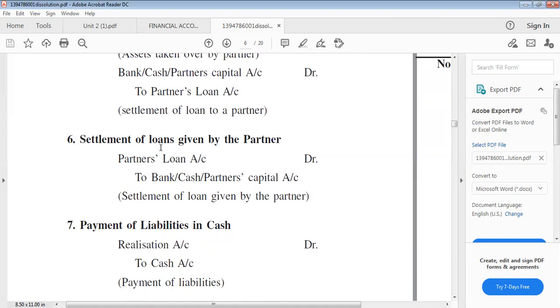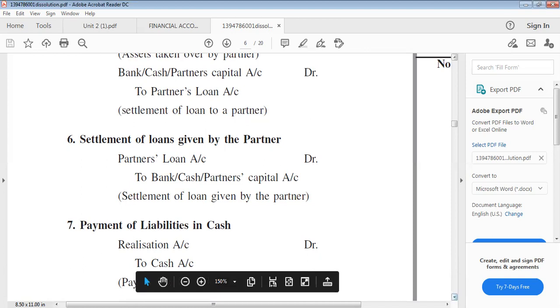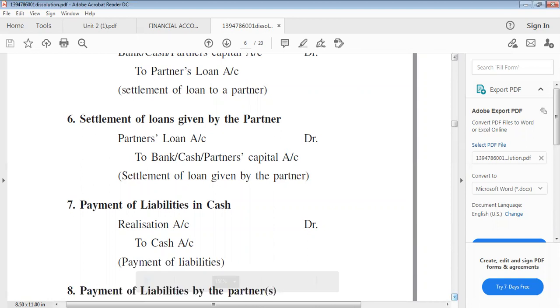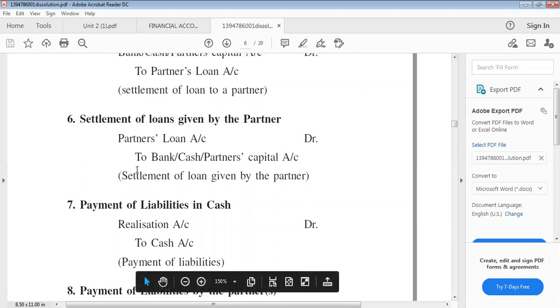So you may make a credit to the partner's capital account, all right? Settlement of loan given by the partner. So it will be debit the partner's loan account and credit the bank account. Right?